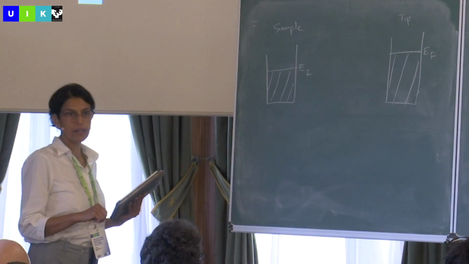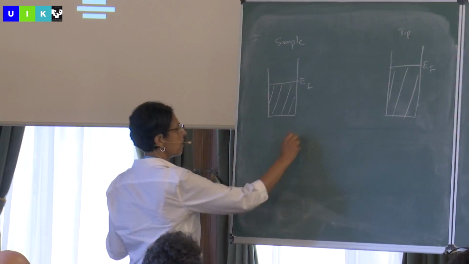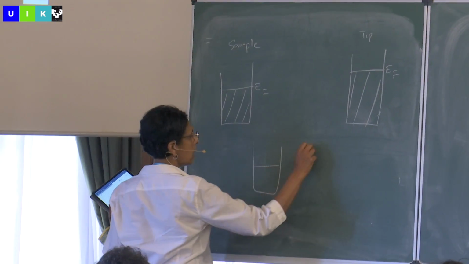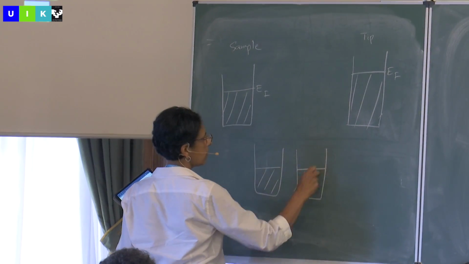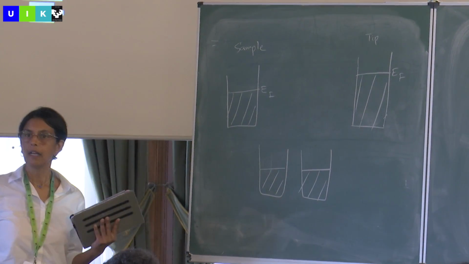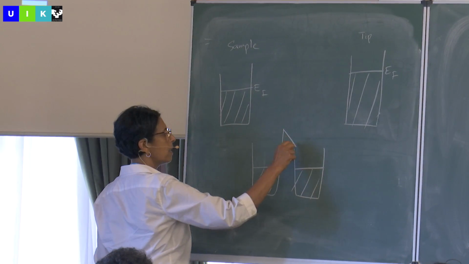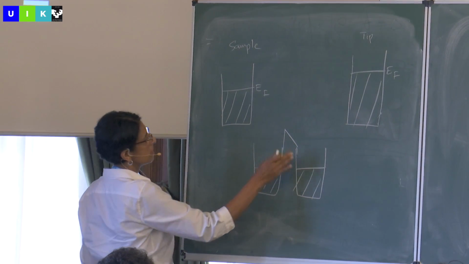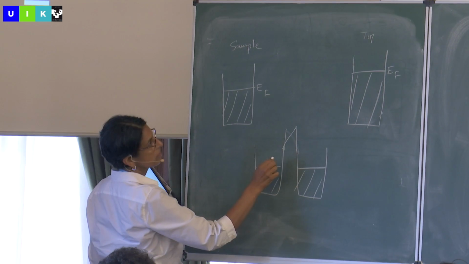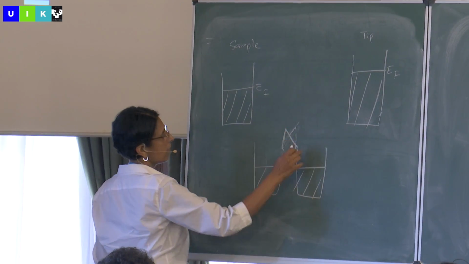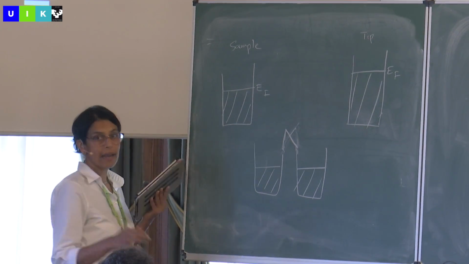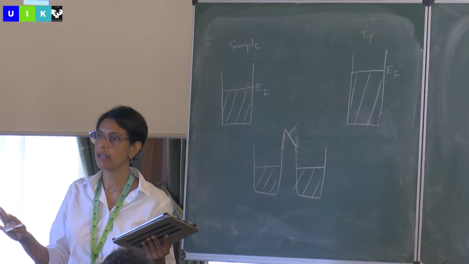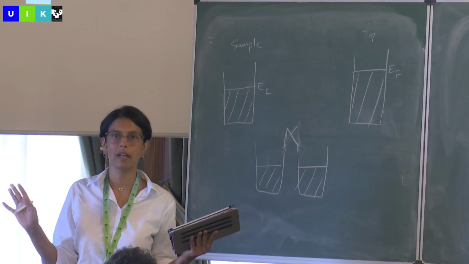which is 0. You bring these two close together, and once the tip and the sample can tunnel, the Fermi energies line up. As soon as this happens, there's no more tunneling allowed, there's no tunnel current.